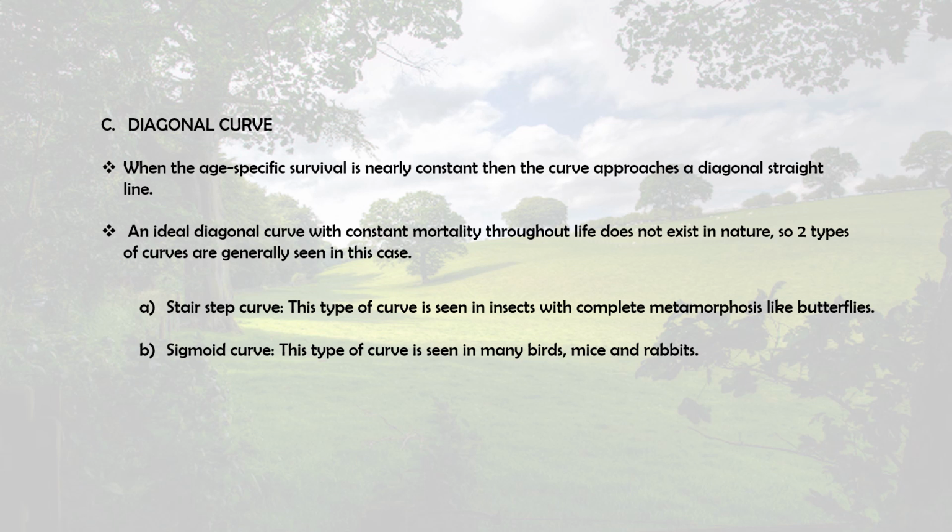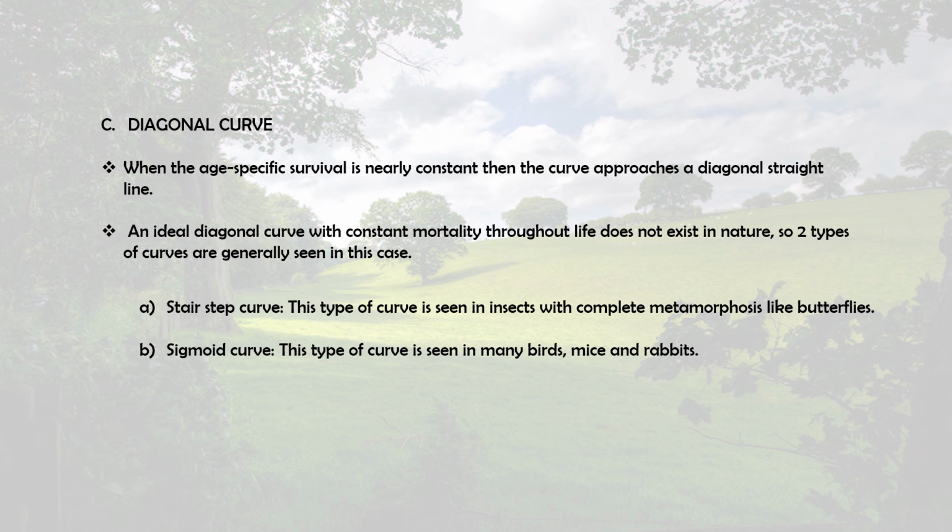When the age specific survival is nearly constant, that means the rate of mortality is equal to rate of natality, and with increase in time there will be constant death. Then the curve actually approaches a diagonal straight line.